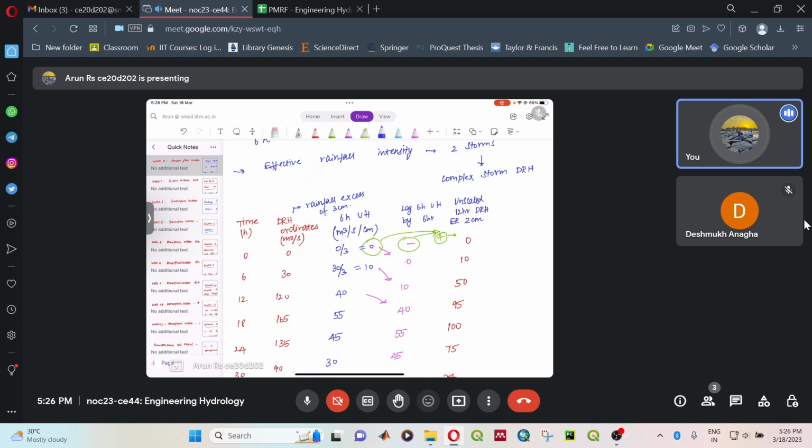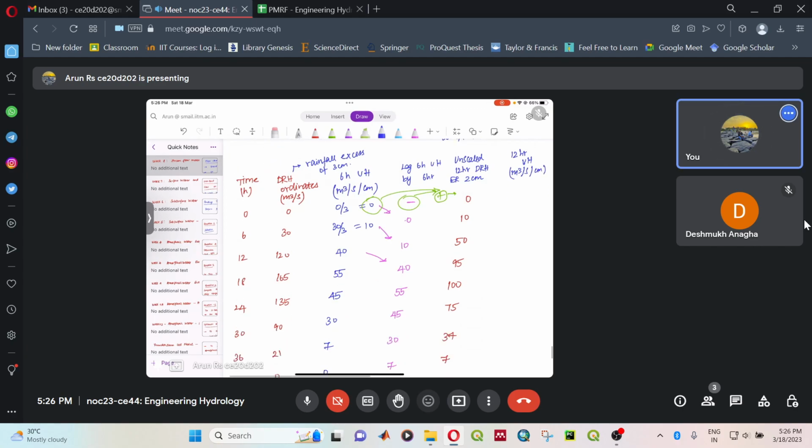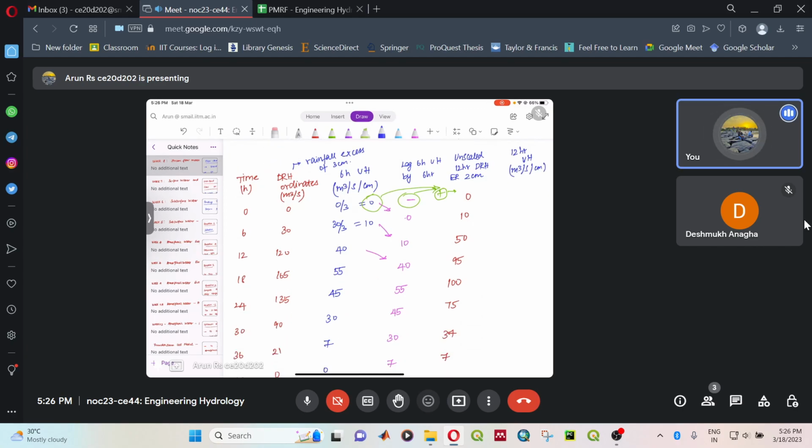Now we can finally find out the 12-hour unit hydrograph, in meter cube per second per centimeter. So we will divide the previous column value by 2.